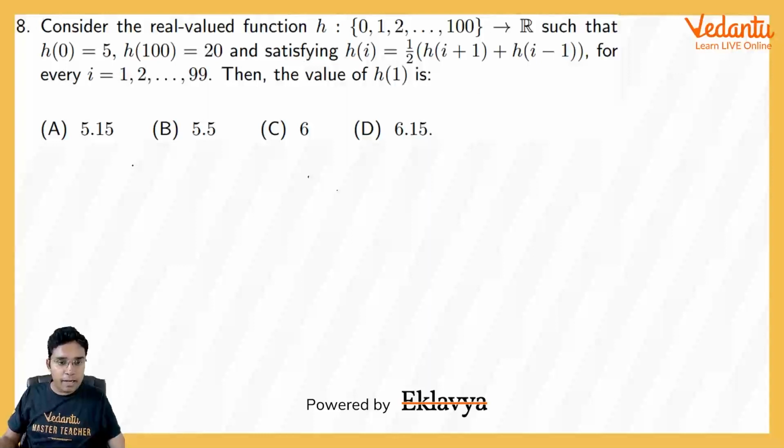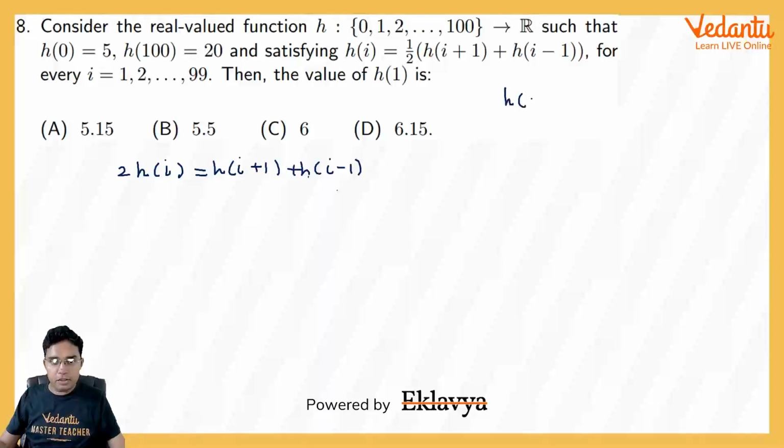I can write this relation as 2 times h(i) is equal to h(i+1) plus h(i-1). So we can say h(i-1), h(i), h(i+1) are in AP, and that will be valid for all i from 1 to 99.